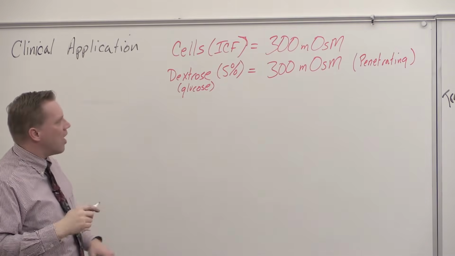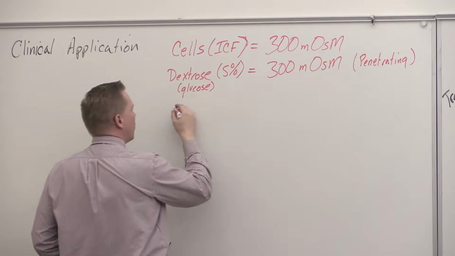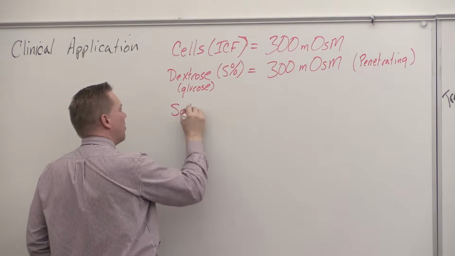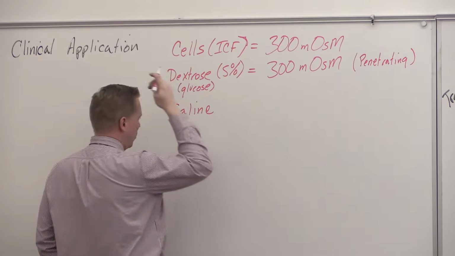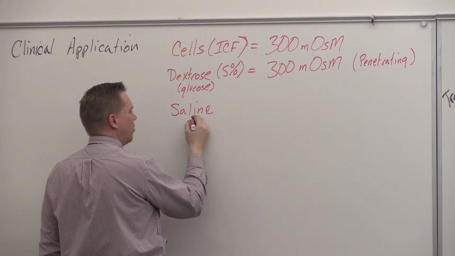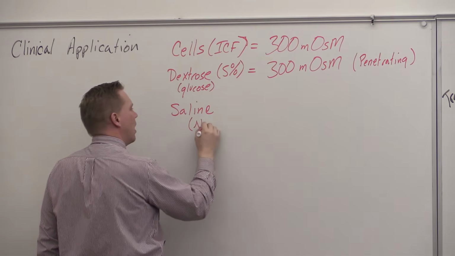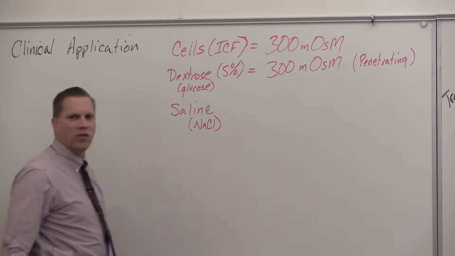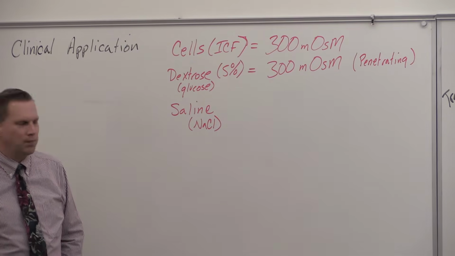The other common solute or solution that you're going to find is called a saline solution. What they call a saline solution in a medical setting, chemists and biologists just know as a solution of sodium chloride.